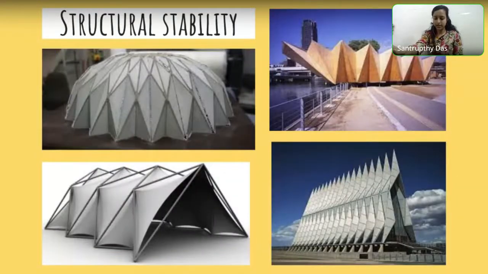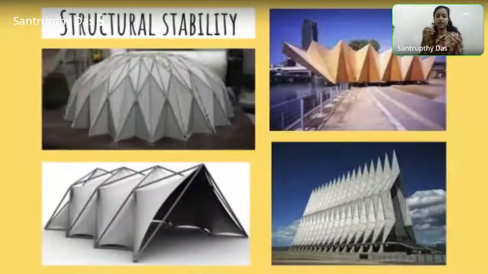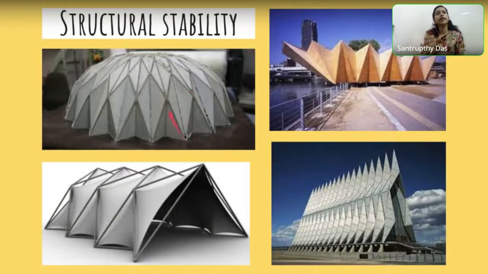Then the next important thing that architects use origami for is structural stability. Like we talk of shell structures and frame-based folded plate structures. Folded plate structures are nothing but folds, right? So one can see here all the members that are there in an origami model that you would make out of paper.